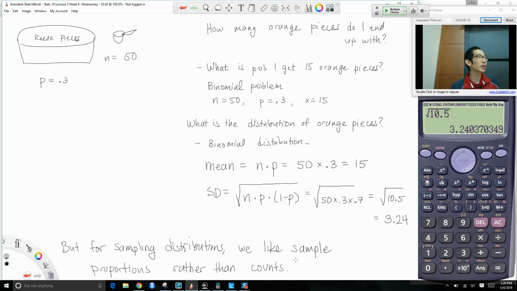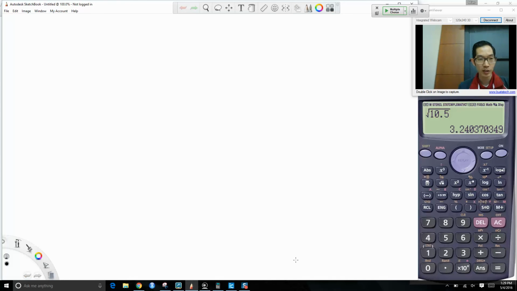I divide by n, right? I just divide by my sample size, okay? So in this case, we're going to have the same thing here. In the population, we've got p equal to 0.3, n is equal to 50, okay?